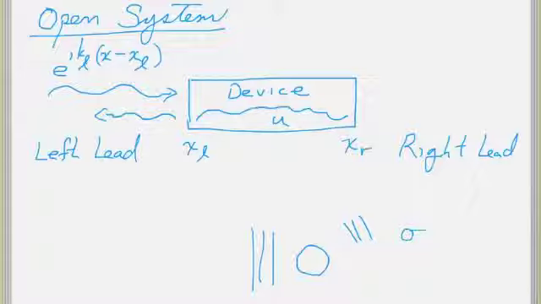And this reflected wave has a reflection amplitude R sub L e to the minus i k_L (x minus x sub L), because it's moving in the opposite direction.